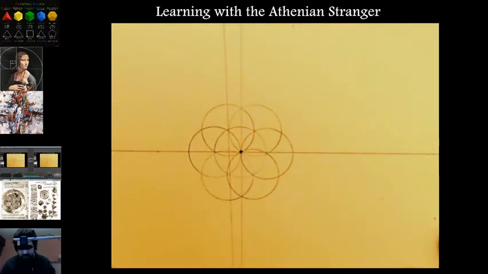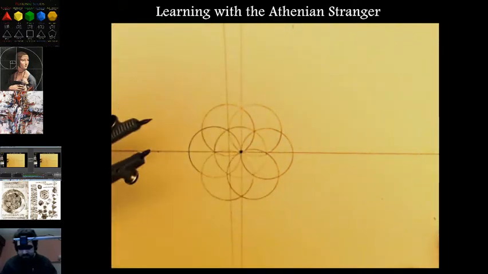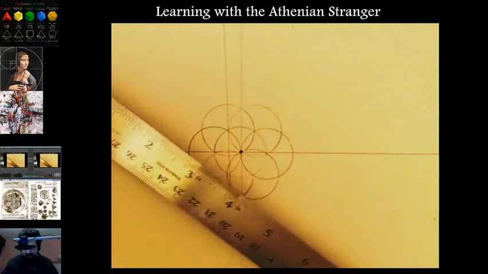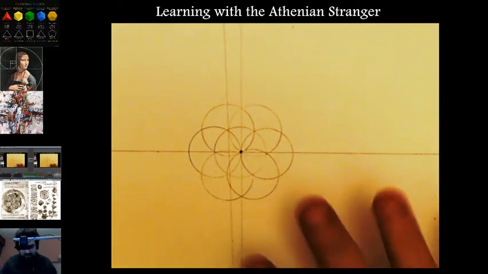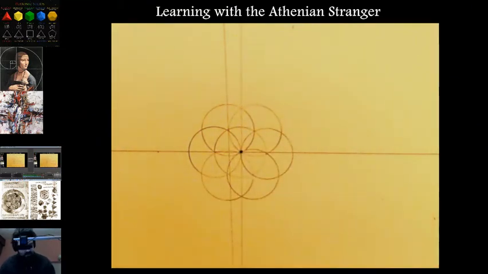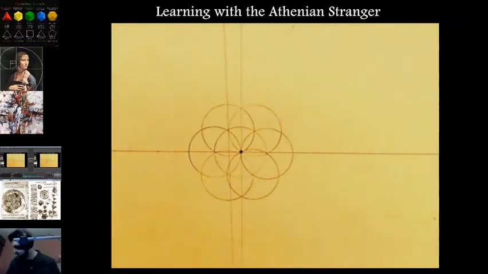I mean, they should be perfectly parallel, but the human hand and the vagaries of using a metal ruler will create these distortions. So it's really important to rely more heavily on the circles themselves to create the verticality.